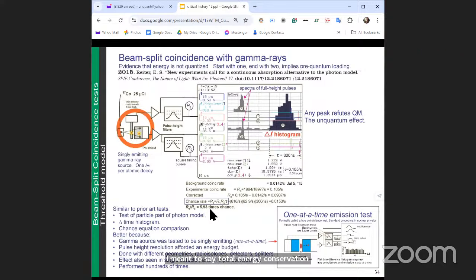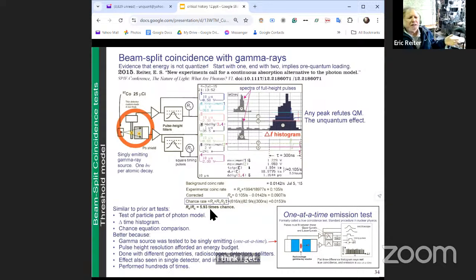But you're seeing rates in which the clicks, the hits, aren't matching what you should be getting given a random profile that you have well characterized for your radioactive source. Okay, I think I get it. The source is tested ahead of time in this true coincidence test to emit one at a time. For each radioactive decay, it emits one H nu, except by the chance rate.